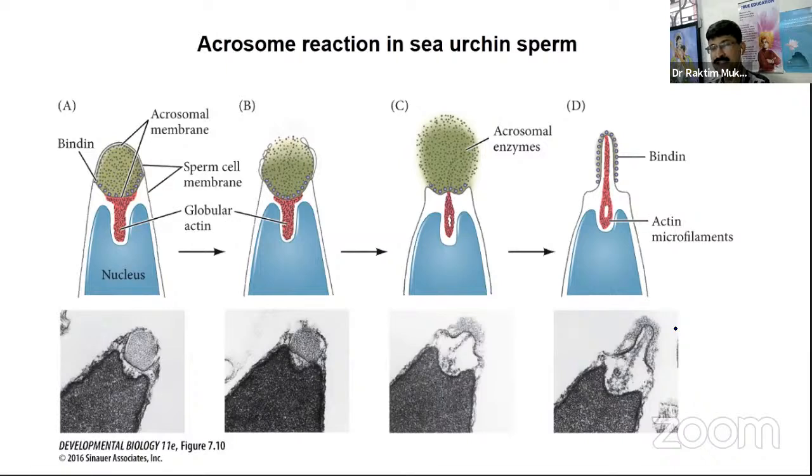Despite different species being present, how is it that the acrosome reaction in sea urchin sperm recognizes that it has to mate with only that species? Any answer?